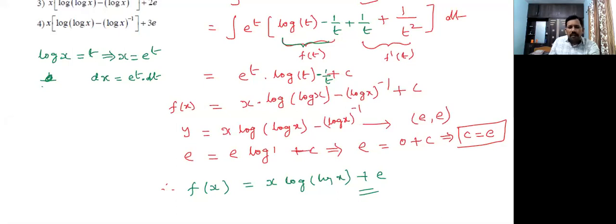Here, what will come? If in place of x we substitute e, x log e to the base e is 1, I think here will come minus 1 plus c.